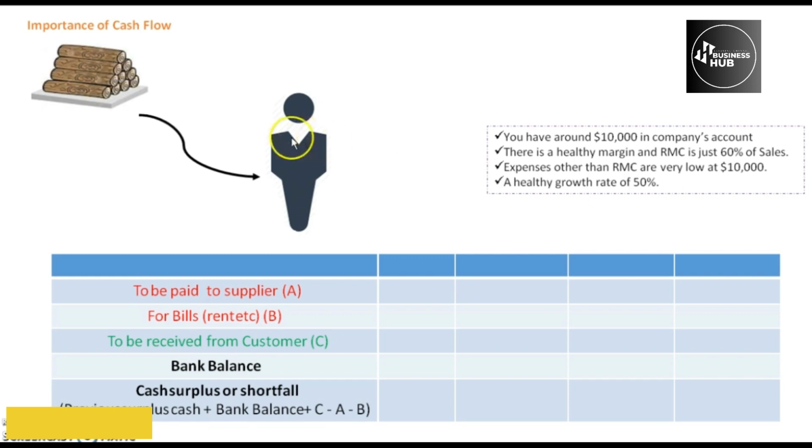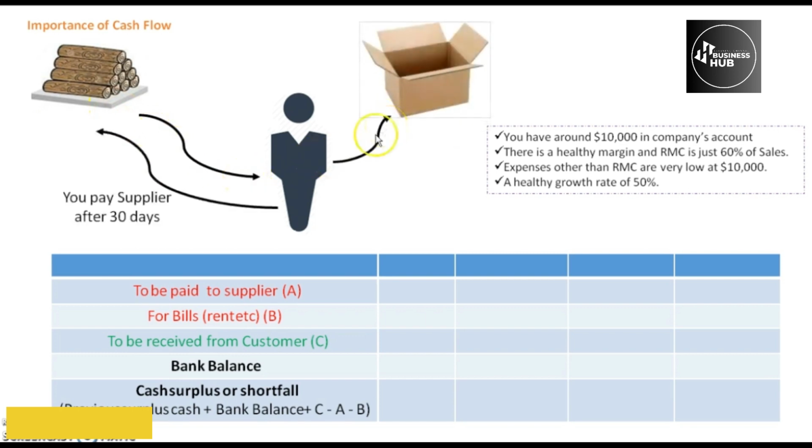And what's happening on a day-to-day basis? You purchase raw material from your supplier and make it into finished products. You pay your supplier in 30 days. That is, after 30 days, you pay them for the raw material that you have purchased. Whereas your customer pays you in 60 days.